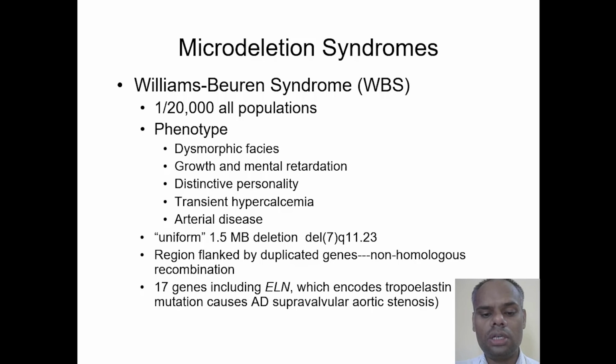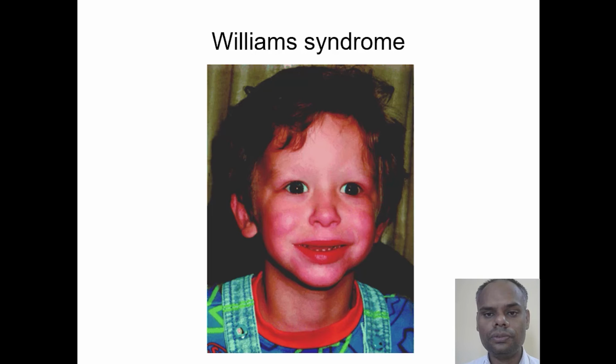Phenotype characteristics include dysmorphic faces, growth and mental retardation, distinctive personality, transient hypercalcemia, arterial disease, and a uniform 1.5 MB deletion del 7q11.23, region flanked by duplicated genes, non-homologous recombination, 17 genes including ELN which encodes tropoelastin. Point mutation causes AD supravalvular aortic stenosis. This is an example of Williams syndrome, and various clinical features are clearly visible.